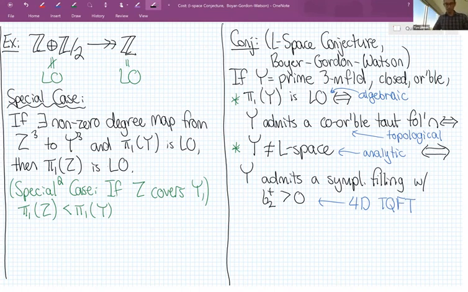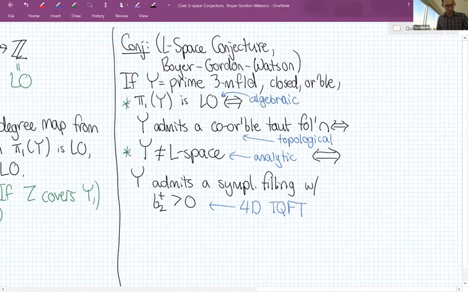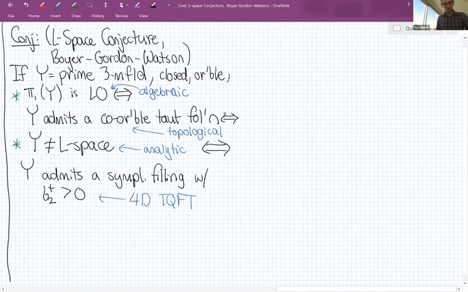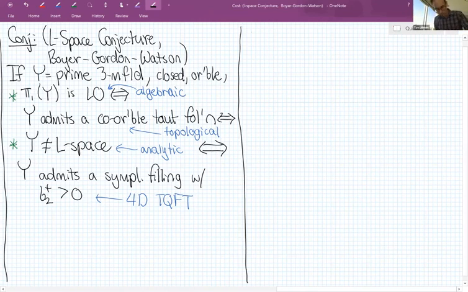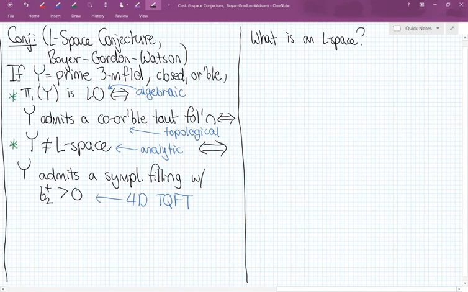So in order to make any sense of this, we know what left orderability is. I should tell you what an L-space is. I'm just going to say a couple of words about what an L-space is.